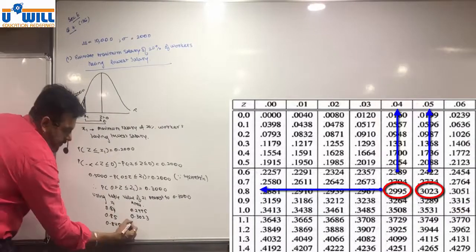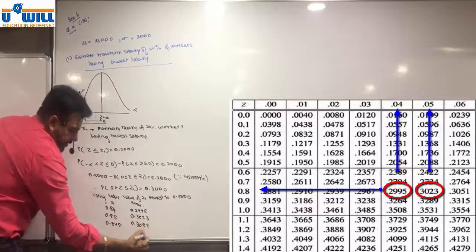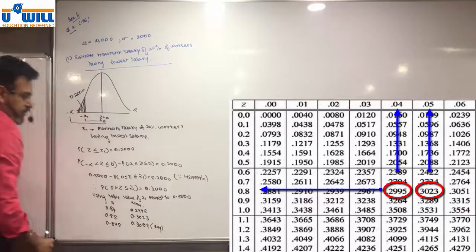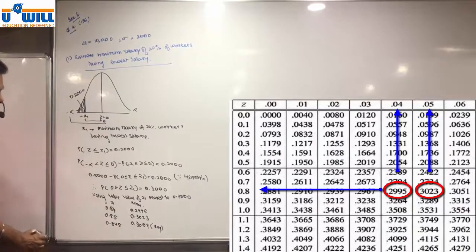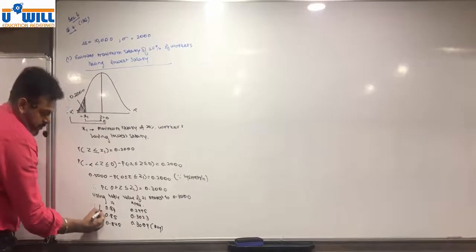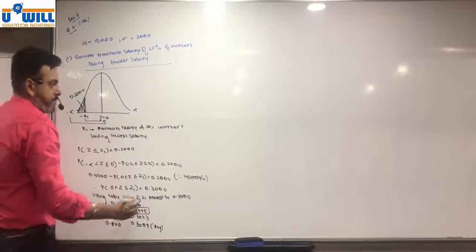What's the average? 0.3009 average. Which one is the nearest? 0.84. We will take this.